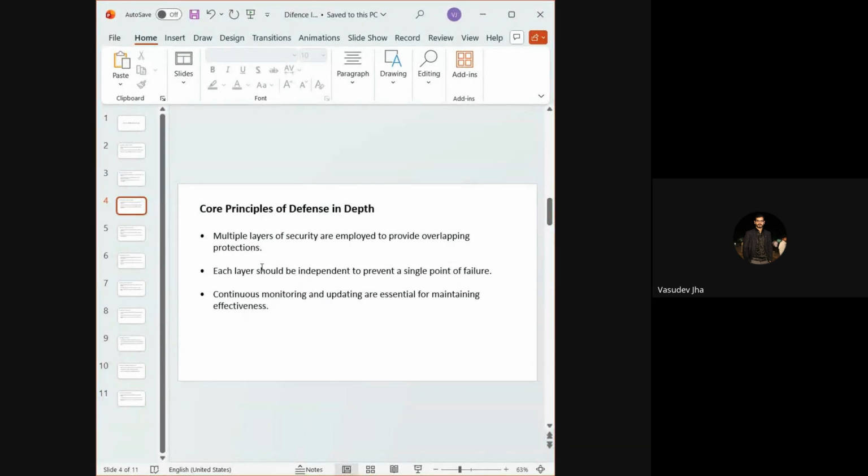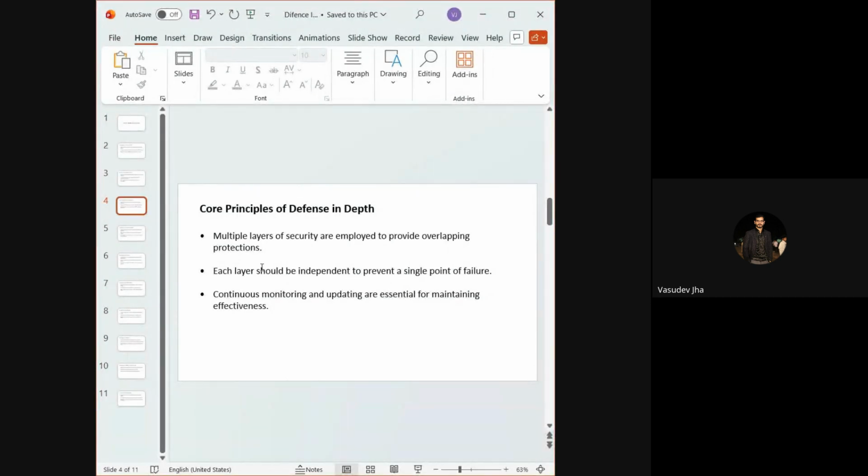So what is the core of this DID? First, multiple layers of security. We have different layers of security, and they are providing overlapping protection, meaning for the same vectors we have different approaches on different layers. But the twist is each layer should be independent to prevent a single point of failure.